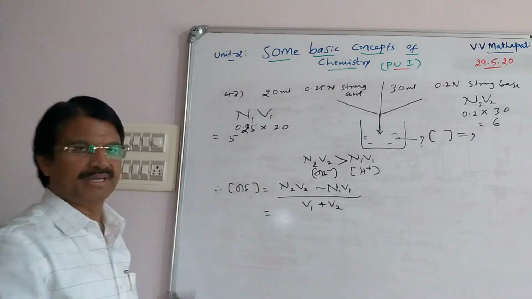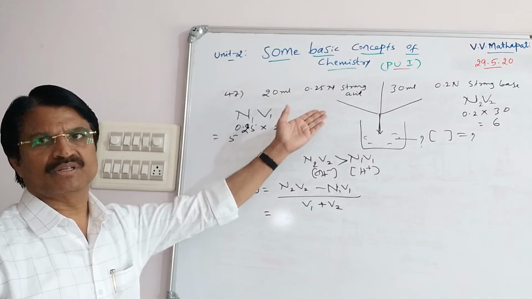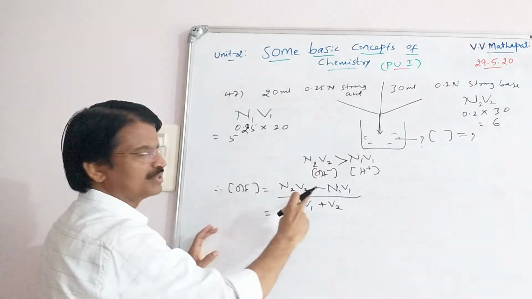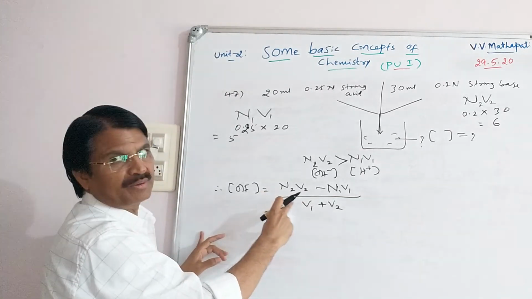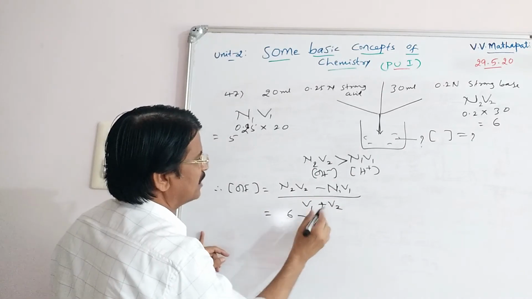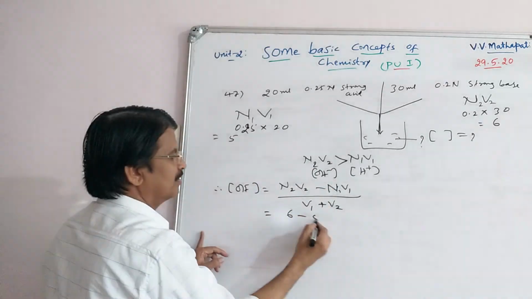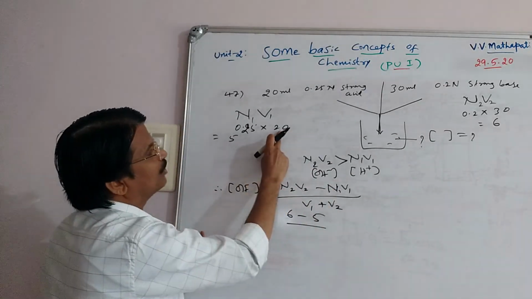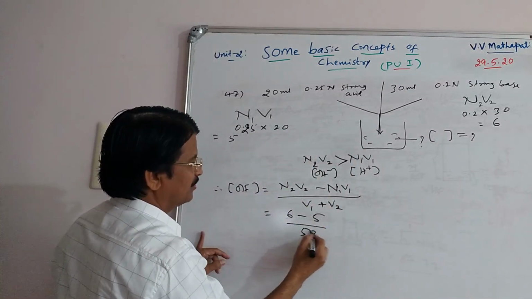Even in the previous topic I told, if solutions are different, then you have to use this formula, means you have to write subtraction. N2 V2 value 6 minus N1 V1 value 5 by V1 plus V2, 20 plus 30, 50.